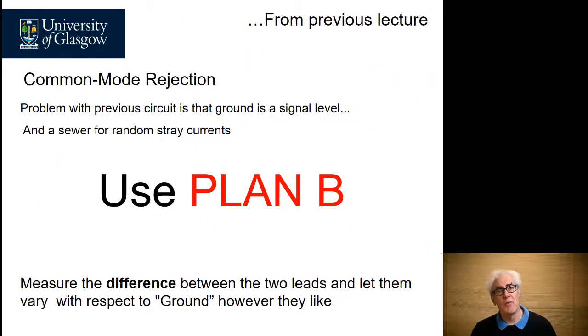What we want to do, instead of having ground referred signals, is use the differential signal from the transducer, detect it and amplify that, and ignore any variation of a common mode signal with respect to ground.